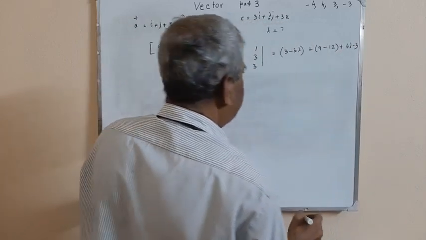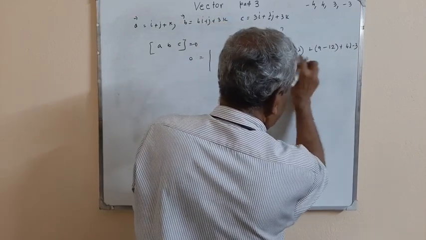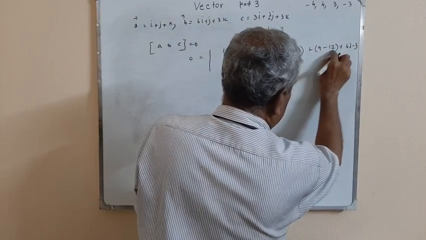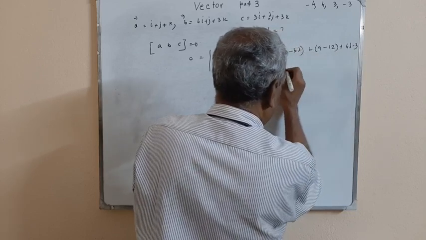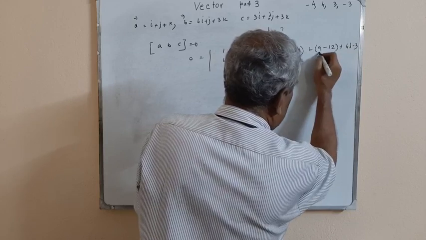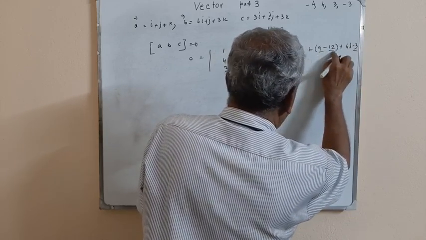That is 3, and together it is minus 3. 3 and minus 3 cancel. So minus 3.